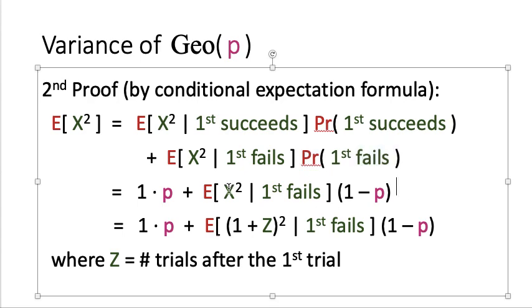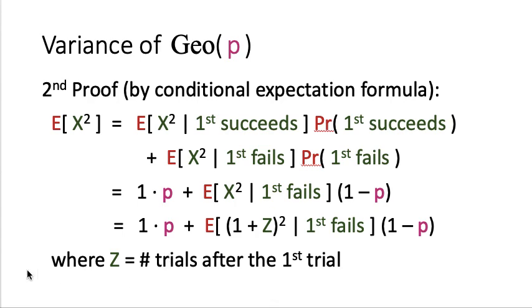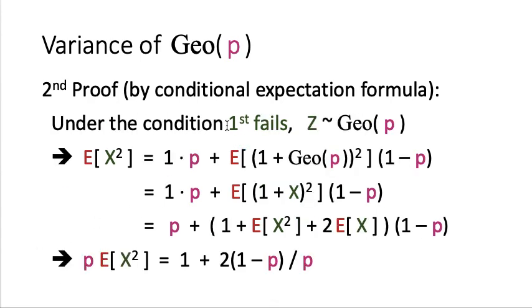Then for x squared given that the first trial fails, we are going to express x as 1 plus z, where 1 counts for the first trial and z counts for the remaining trials, the number of trials after the first trial. So we can replace x by 1 plus z. Now notice that under the condition that the first trial fails, the number of remaining trials that we need is actually a geometric random variable with parameter p.